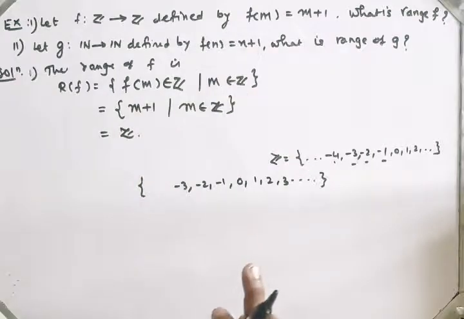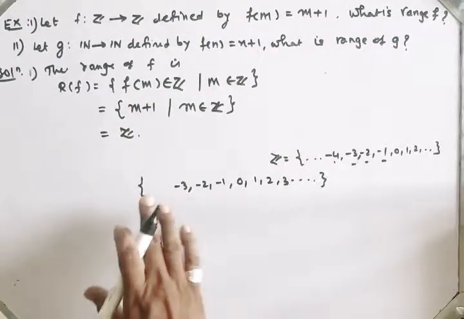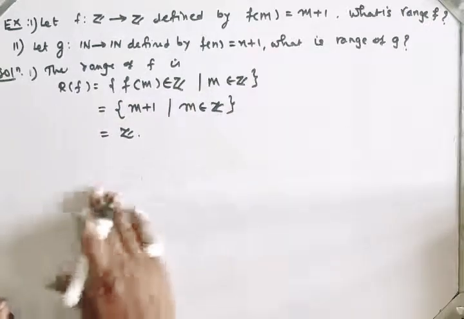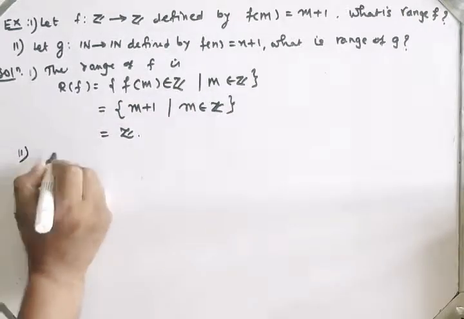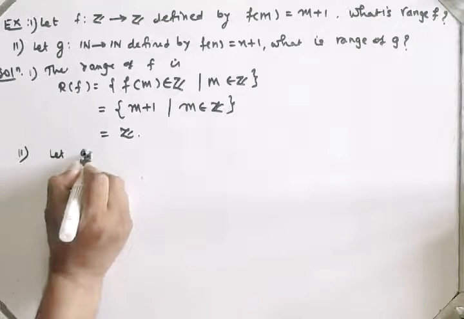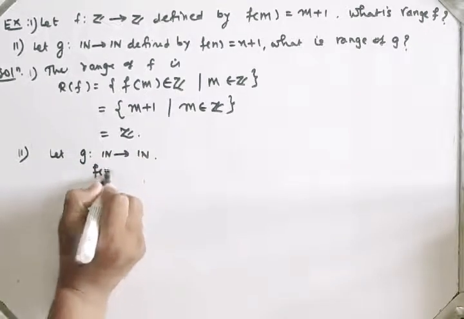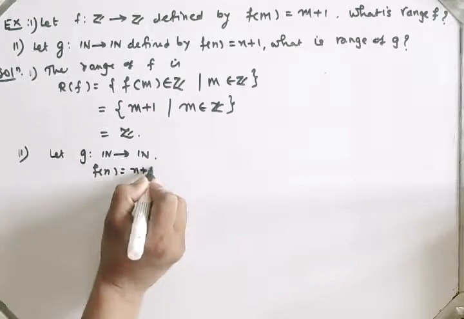Now for the second example we have to find the range of g. Now let g be a function from natural numbers to natural numbers defined by g of n is equal to n plus 1.